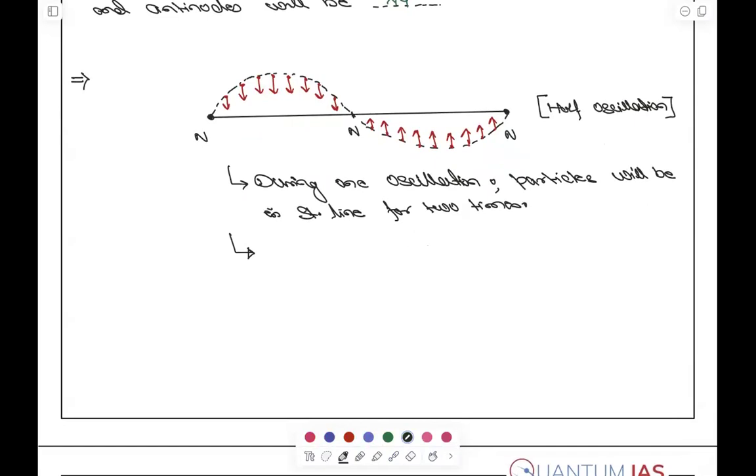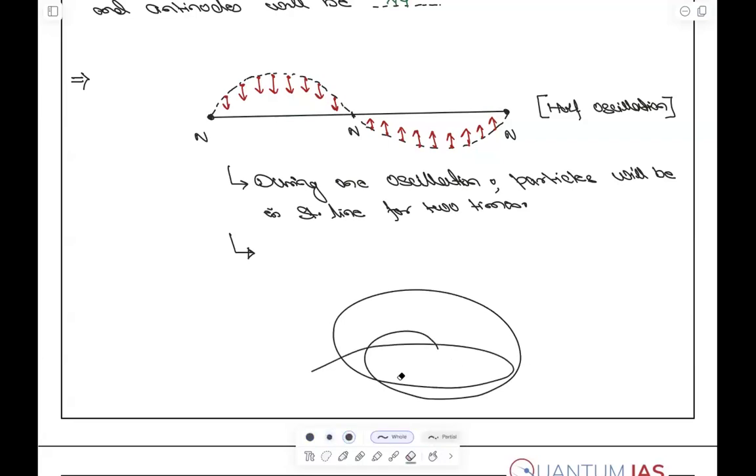Can I see that between any two nodes, what is the phase of the particle? What is the phase of the particles between any two nodes?